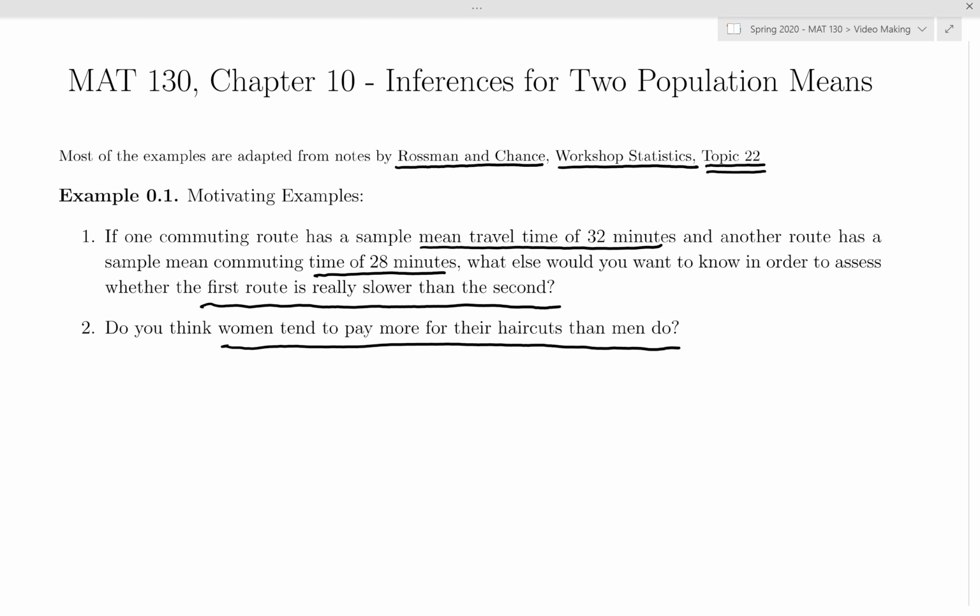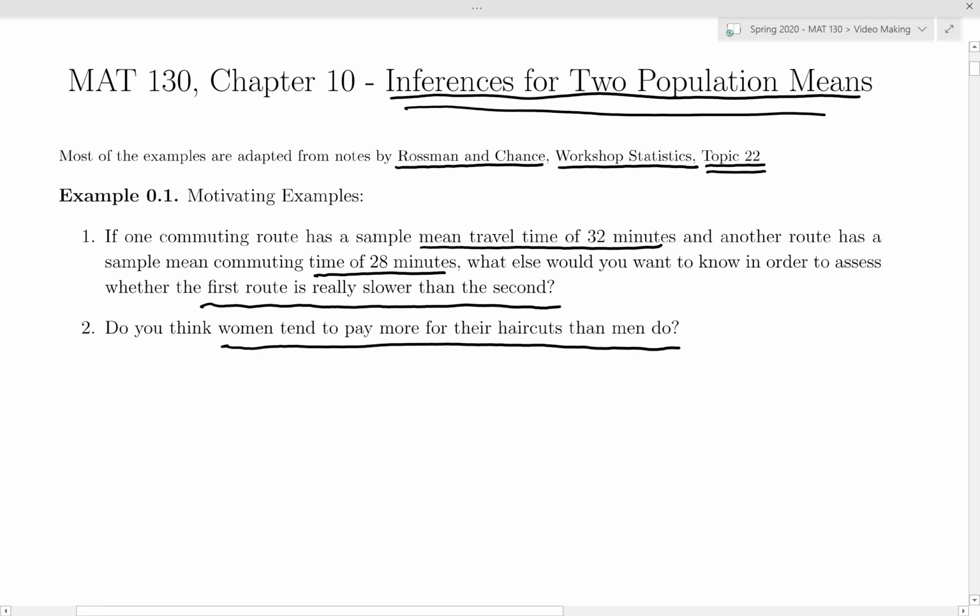In Chapter 8 and Chapter 9, we learned about confidence intervals and hypothesis tests for one population mean. However, in this chapter we are going to use inferential statistics to compare means of two populations, hence the title, Inferences for Two Population Means.